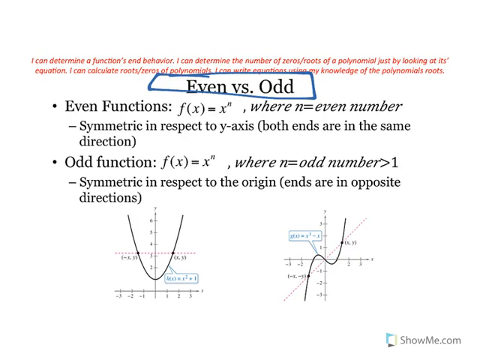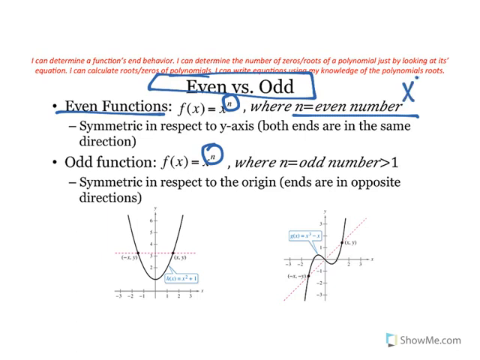Okay? So an even function, whether it's a quadratic or a cubic or to the fourth power, all of this is going to depend on the highest power. And so you'll see here it's just written in function notation with a variable where n represents some number. So it could be anything. For an even function, your highest power will be an even number.